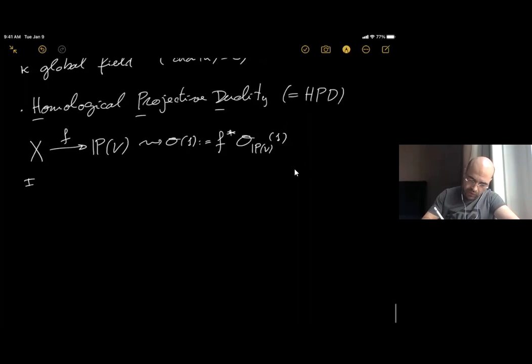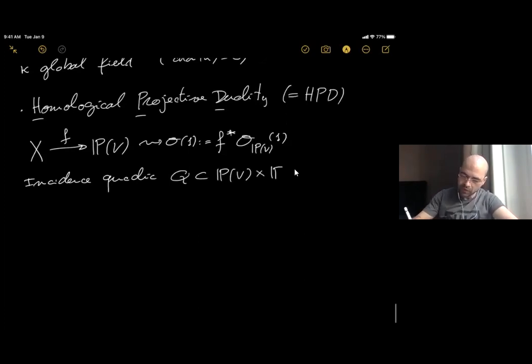So I can first consider the incidence quadric, which is defined inside the projective space with its dual. You can identify a point in the dual projective space as a hyperplane in the projective space.